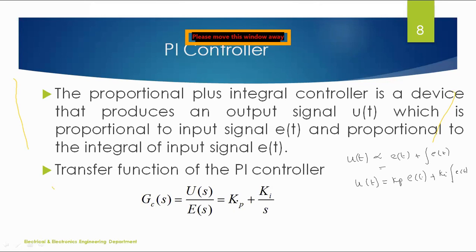After taking the Laplace transform, we get the transfer function U(s) divided by E(s), that is Kp plus Ki by s. This is the typical transfer function of the PI controller.